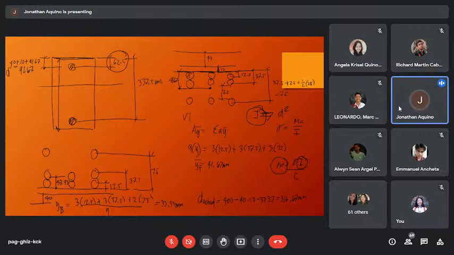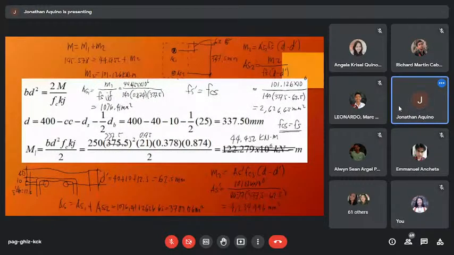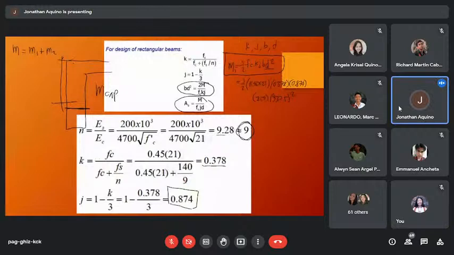Tapos natin i-design, na-layout natin yung bakal, ayun, check naman natin yung sectional capacity o yung flexural capacity ng section. Of course, yung kanina, sinod natin yung bakal natin, okay?